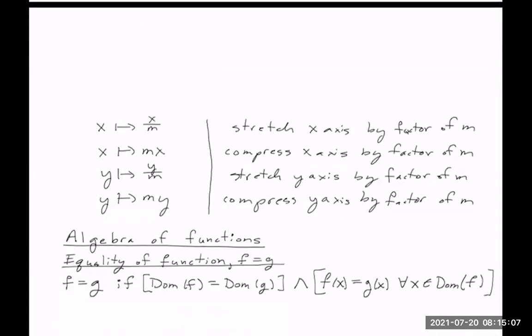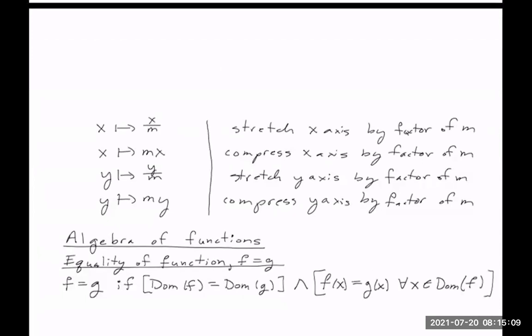And so I am going to replace x by x over m. So you replace x by, let's say, x over 2. If you do that, if you're dividing, then you multiply your x-axis by a factor of 2.